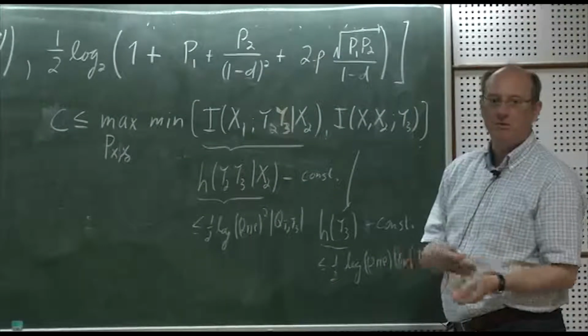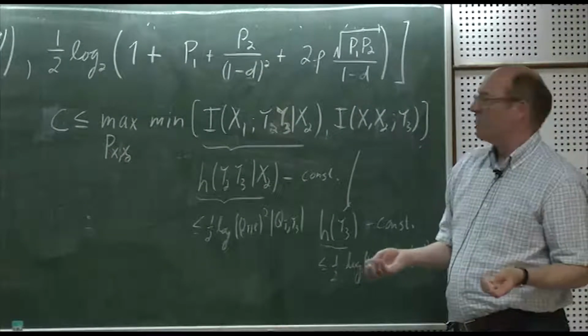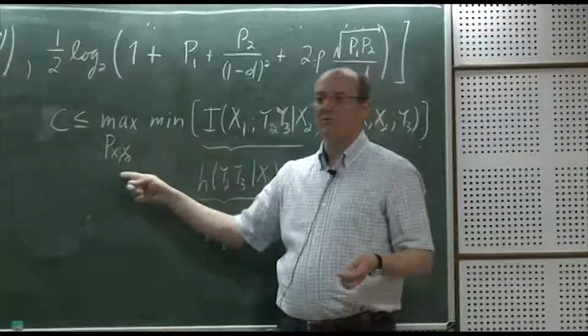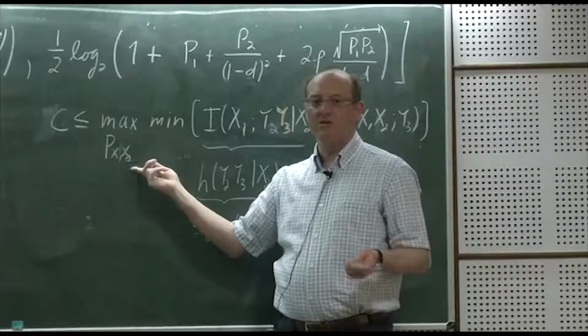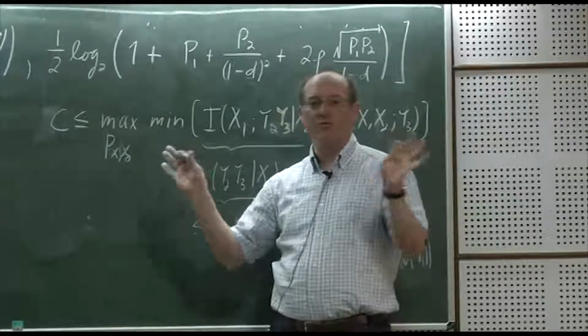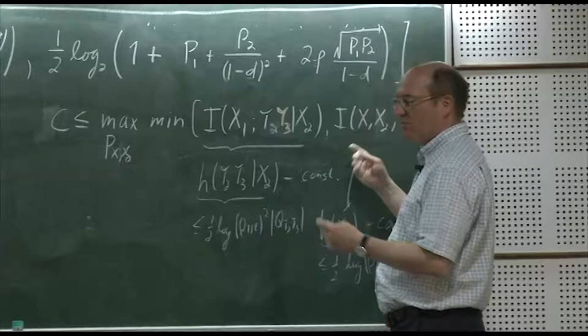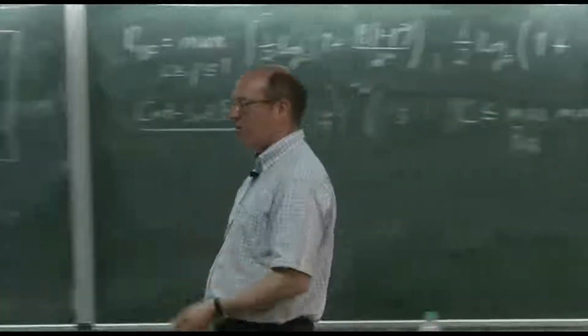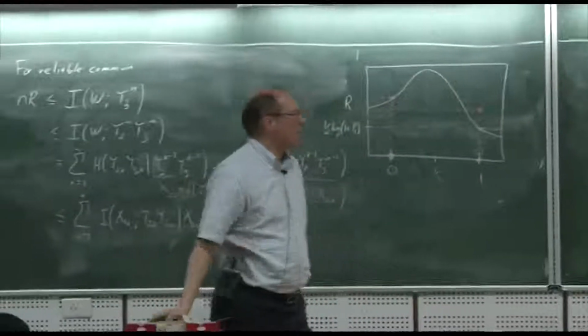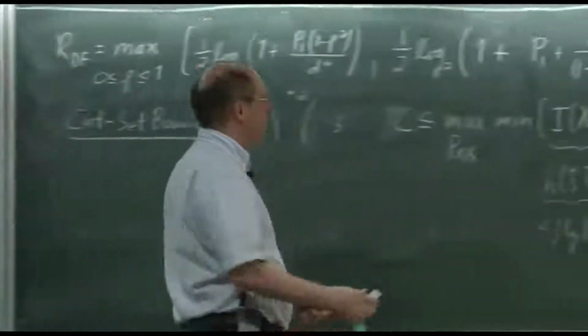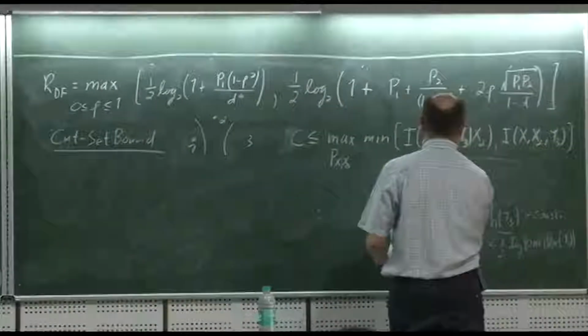It becomes a covariance matrix optimization, namely the covariance matrix of the input is what we have to optimize. Okay, so that's common for all Gaussian networks. Because the second term is always just the entropy of the noise, which is a constant, we will always get that Gaussian maximizes the cutset bound, which is really nice.